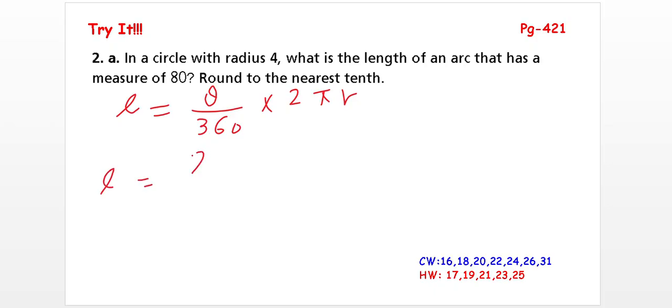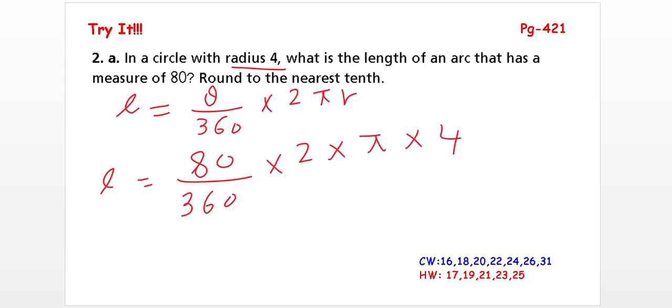What is the angle? It's 80 degrees divided by 360 times 2 times pi times r. Now what is the radius given? It's given 4. Now you will put all these values into the calculator to get the answer. So here is the answer. The length will be 5.6 units.